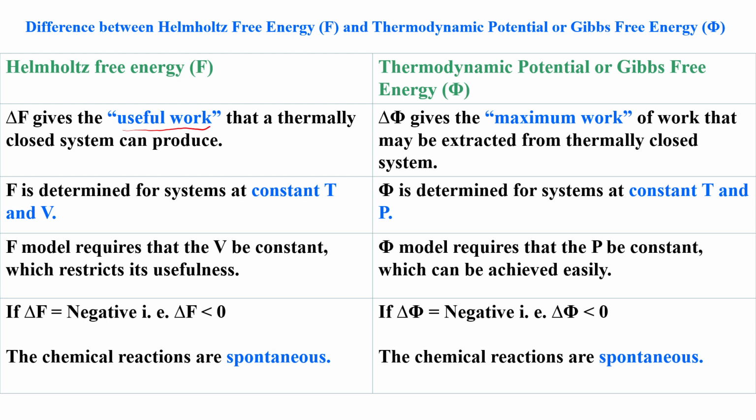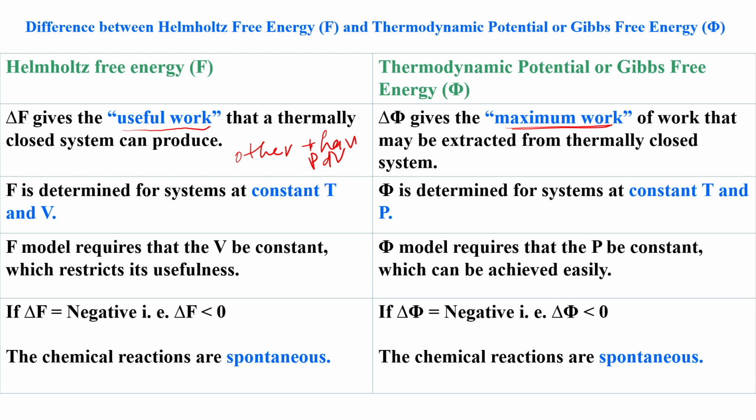This gives the useful work other than PdV, the non-expansion work, which is available in the system. And del phi gives the maximum work that can be extracted from the thermally closed system.